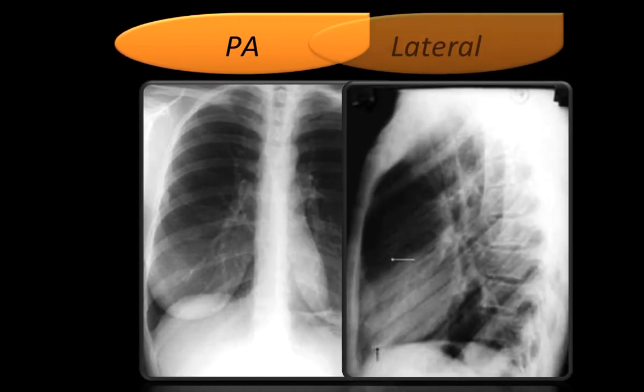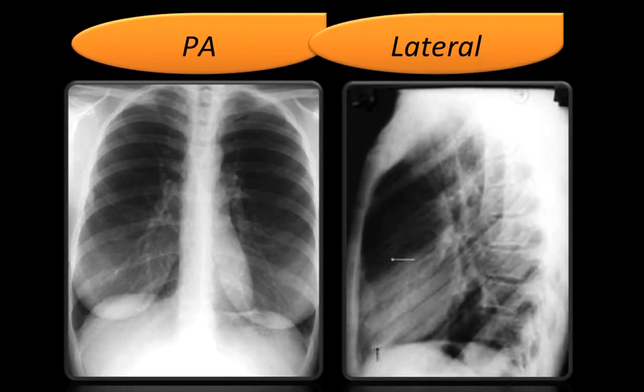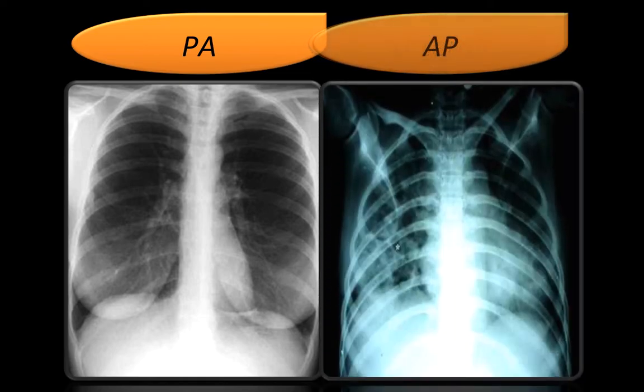Sometimes we perform a chest X-ray lateral view, it may be right or left, and we perform an AP view sometimes when the patients are disabled or when we need to see the posterior portions of the chest, sorry.